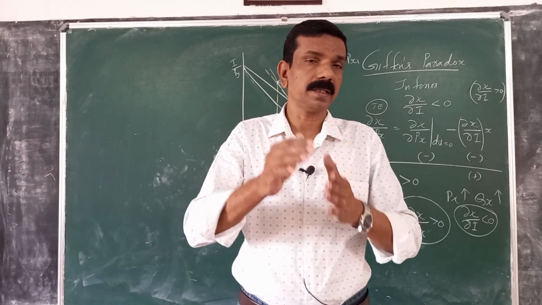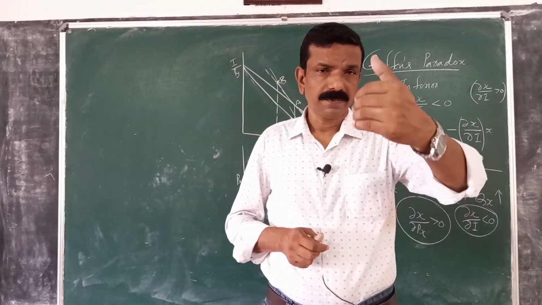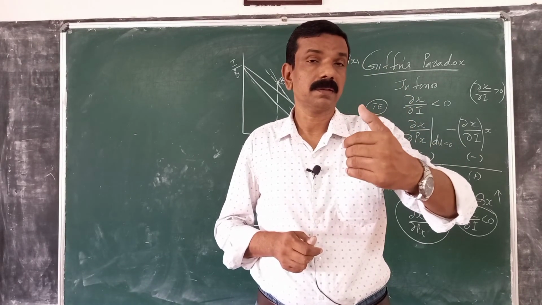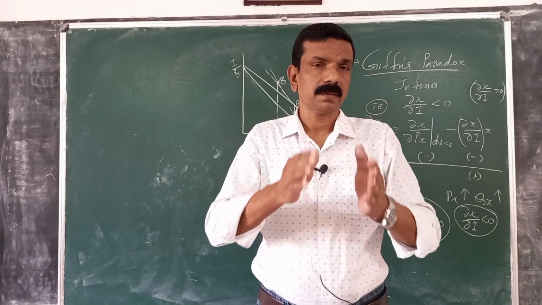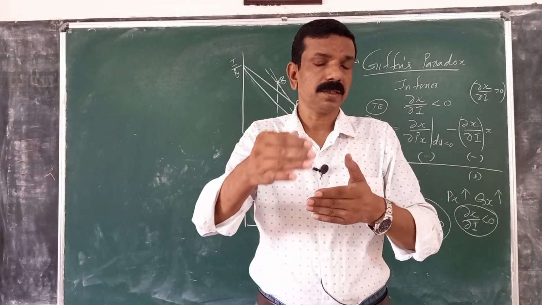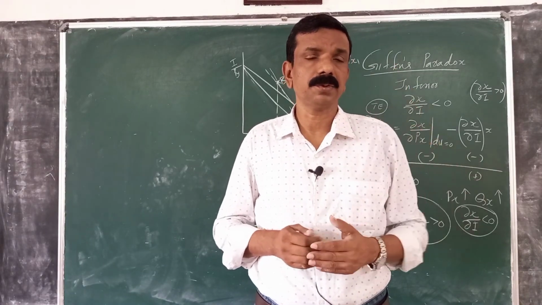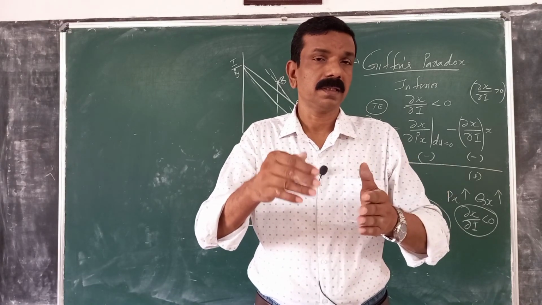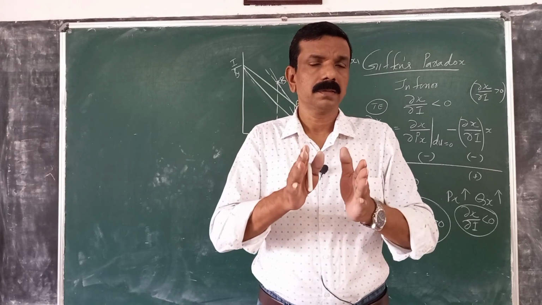If both are negative, it is ordinary and normal. If the income effect is positive but weaker than the substitution effect, it is ordinary and inferior. Then if the income effect is stronger than the substitution effect, with the opposite sign, it is an inferior and Giffen good. That is the classification.